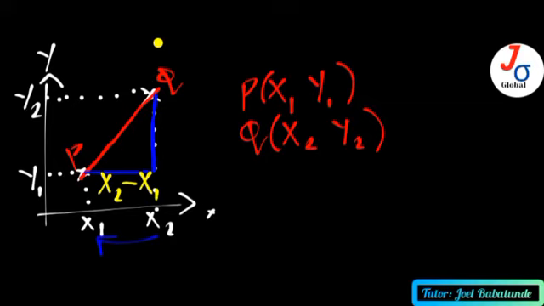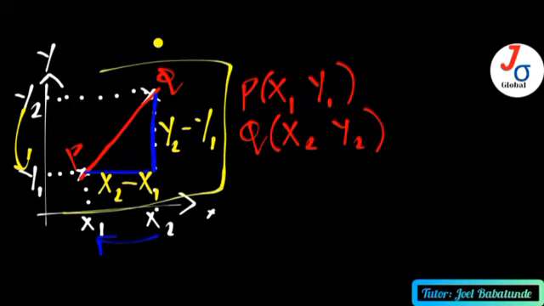What's the distance between here and here? That's the difference between these two, and that's going to be y2 minus y1. So what's the shape of this? This looks exactly like a right angle triangle, and this line PQ looks like the hypotenuse of the triangle.